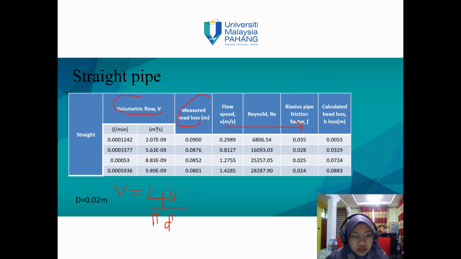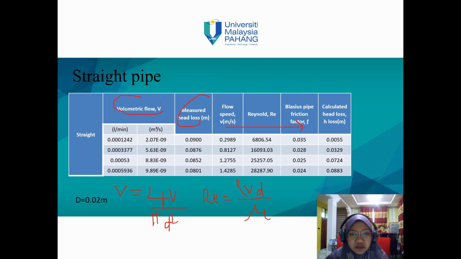The d here is 0.02 meter, it's given. And then the Reynolds number we get from Re equal to rho Vd over the viscosity, where rho is the density of the water.